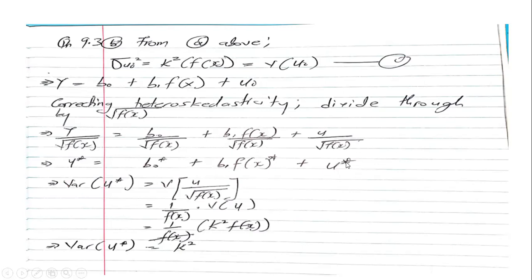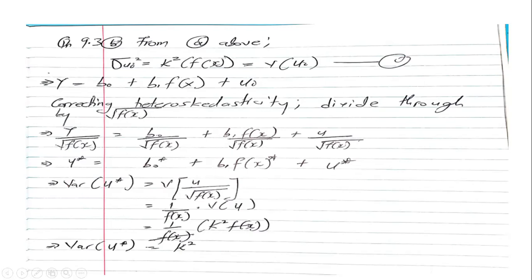So I've just changed the format of my regression so that I end up getting a new regression model that looks like this. But we should have in mind that u star here is this, b naught star is this, b1 fx star here is now this, and our u star is this. That's what you have to have in mind.